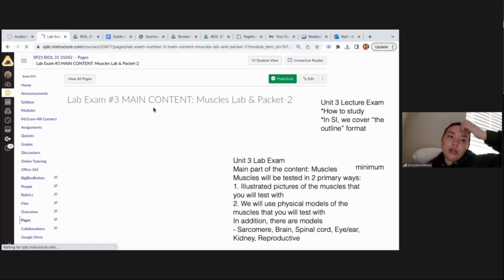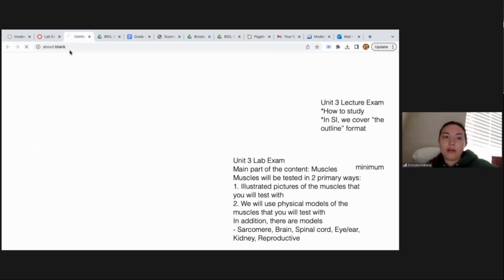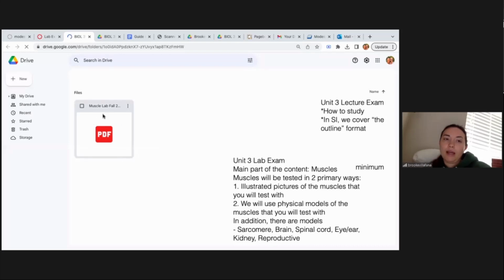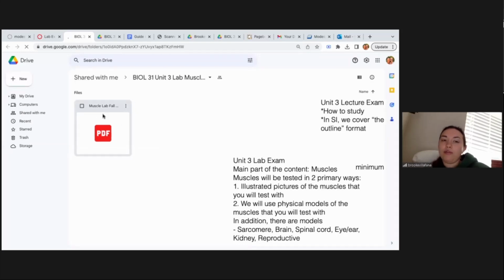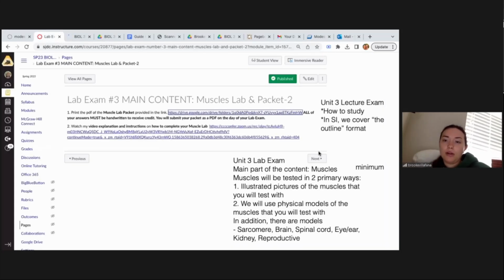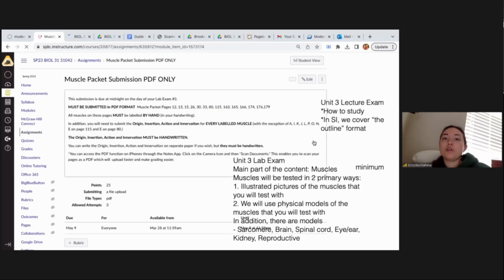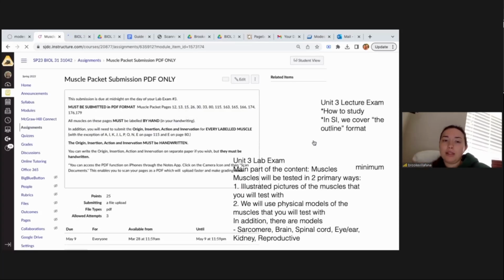If you click on that Google Drive link, it's going to give you the muscle packet. This is what you're going to be turning in for 25 points on the Unit 3 lab exam. So again, this is worth 25 points, and it will also be on the lab exam. It will be tested, okay?